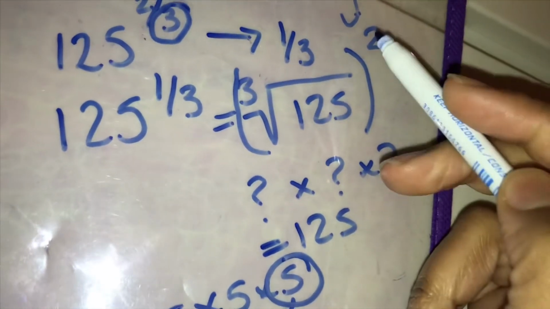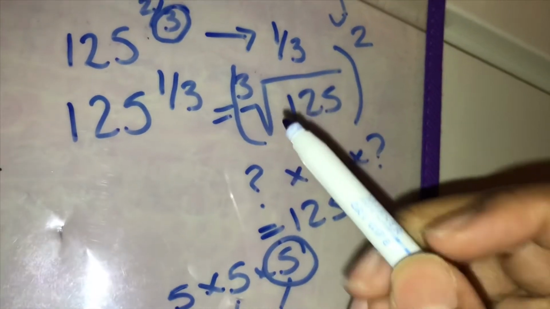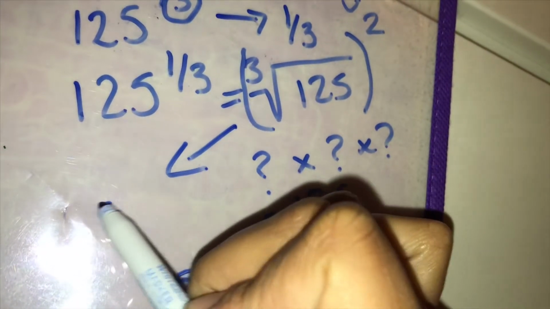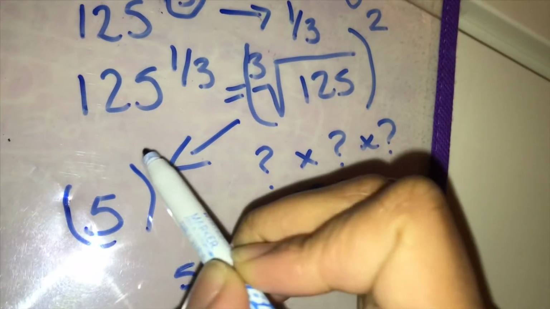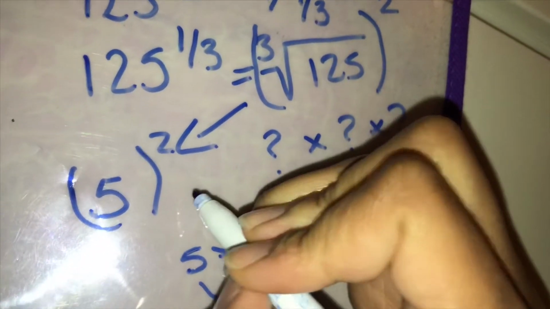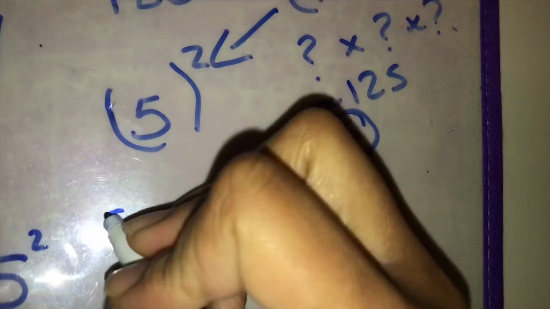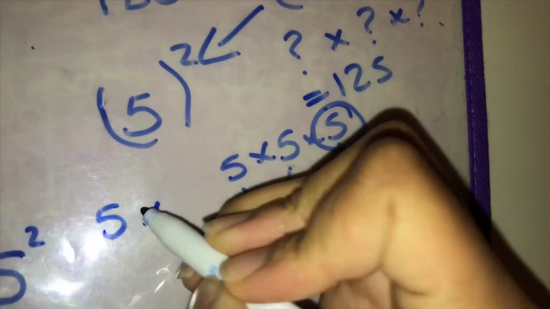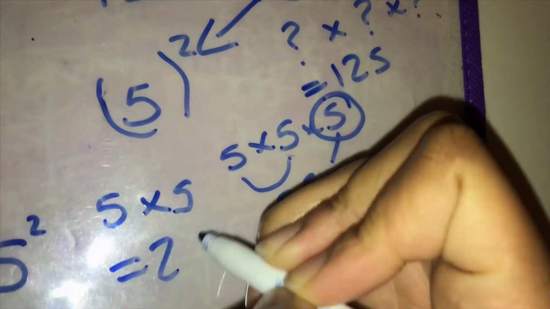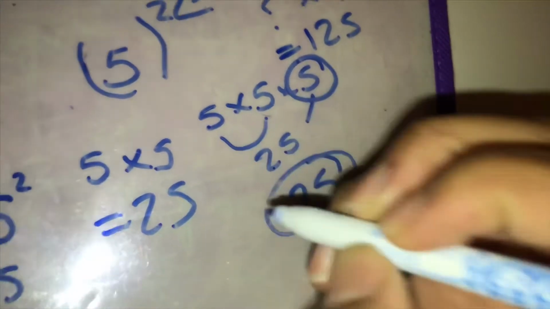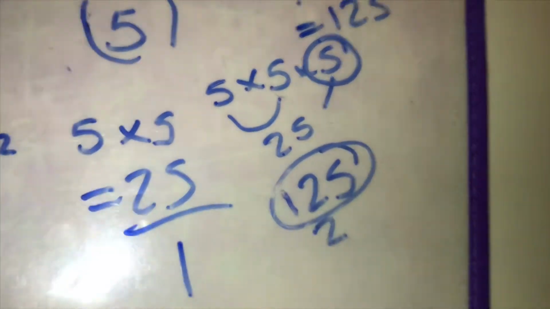But we have to make sure we square it. So it was 5 squared, and 5 squared is 5 times 5, which equals 25. So the answer is 25, and 25 as a fraction is 25 over 1. So there you go.